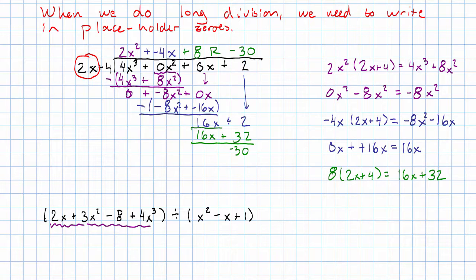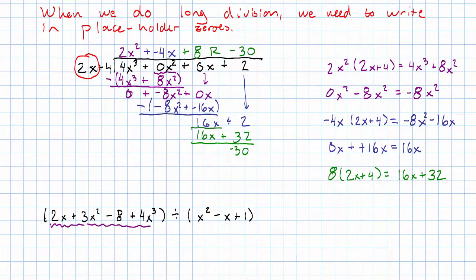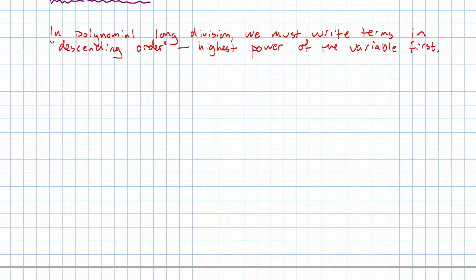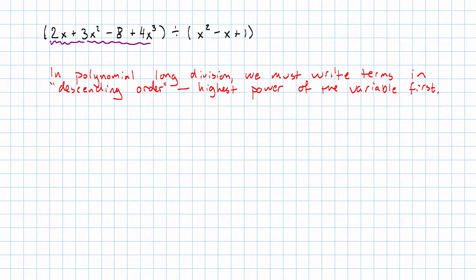When we set up polynomial long division, we can't have that. Why not? Because the procedure for polynomial long division relies on the terms being written in order to keep everything organized. When we set up our polynomial long division, we have to write our terms in what's called descending order, so that the highest power of the variable comes first.